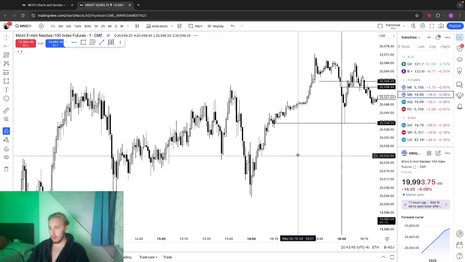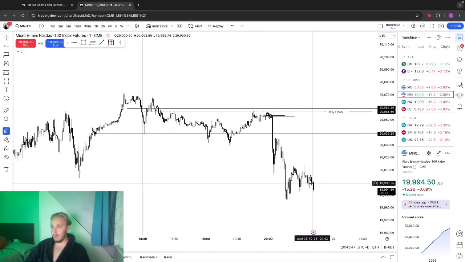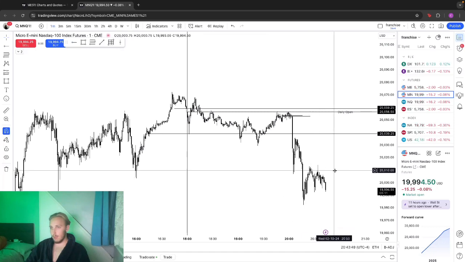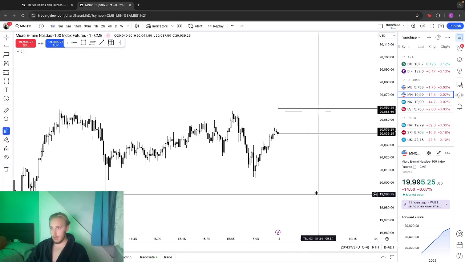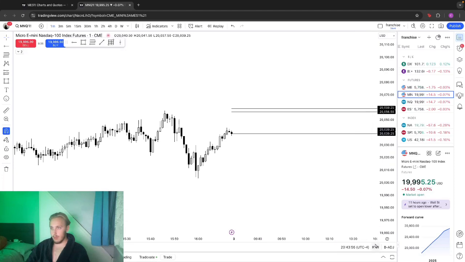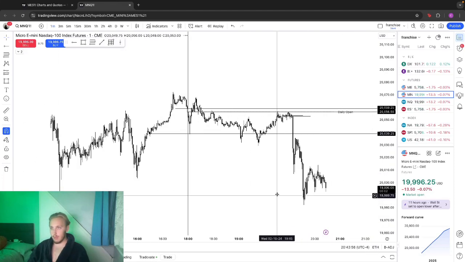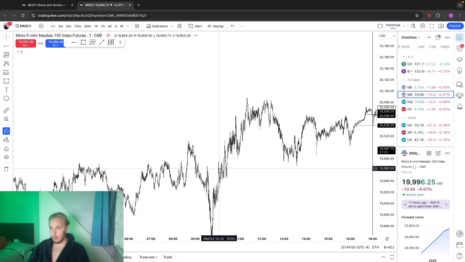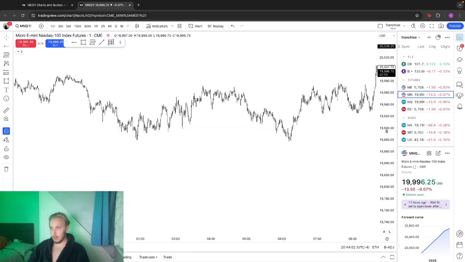The close is there, and when we open up at 9:30, if we open up here, then our gap will be up here. You can see right there. So I'll actually show you another day, so you can see that's how this works.